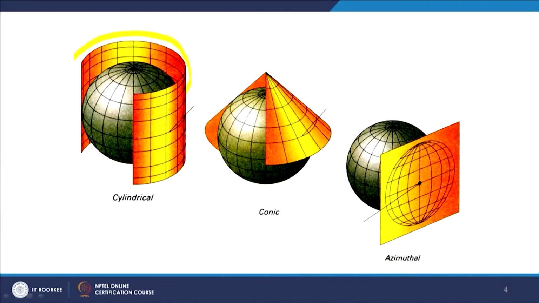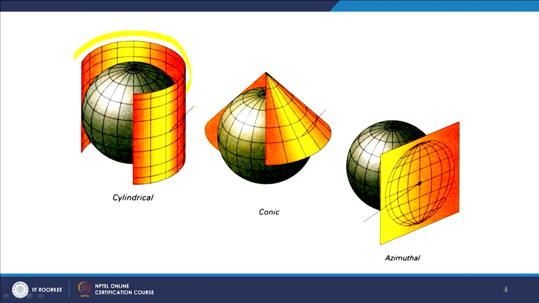So, if you have a glass globe and you keep a light source inside it, put a photographic paper around it and expose that paper, then when you make the sheet flat, you would see the impression of those latitudes and longitudes on it.